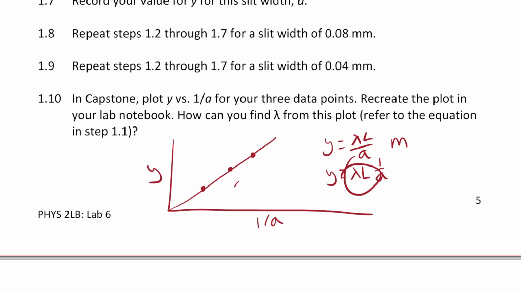That means the slope, which I'm going to call m, is equal to lambda L. And therefore, lambda will be equal to the slope over L. So lambda equals the slope over L, not just the slope. That's one thing to be careful of. Make sure you understand that we take the entire coefficient of 1 over A when we're trying to find lambda from the slope.